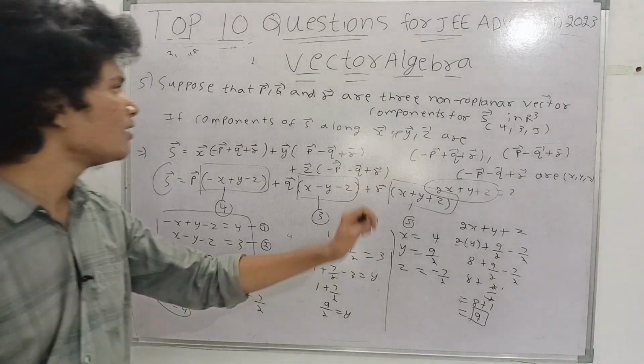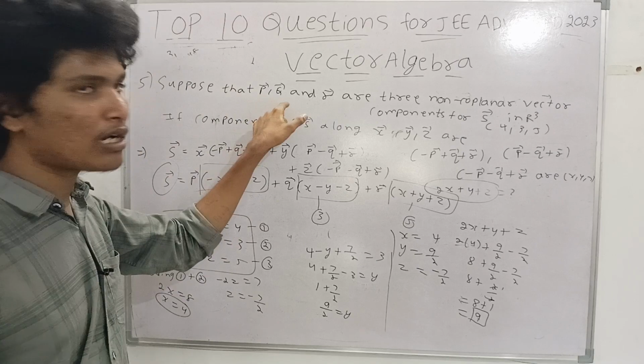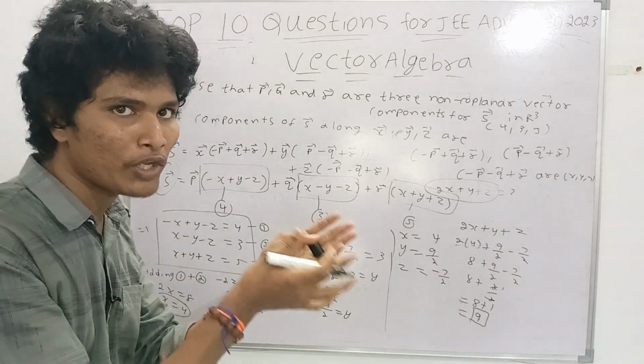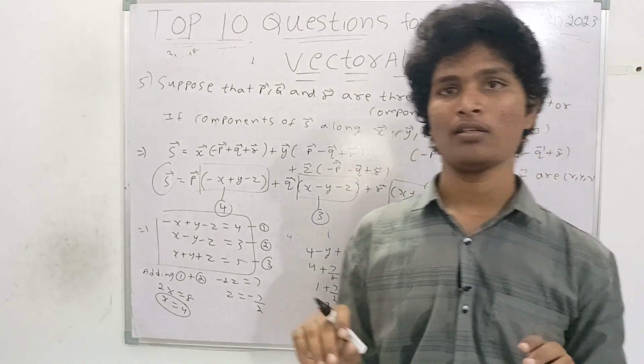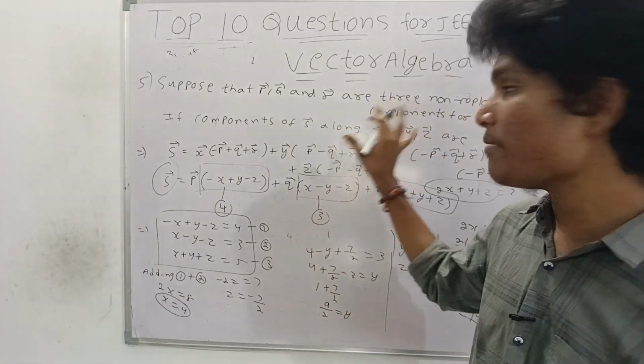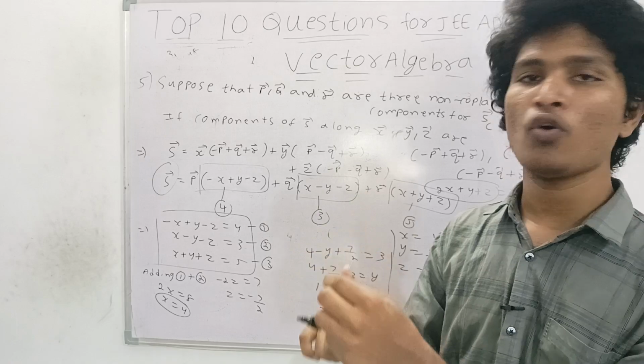They are saying that when S vector is along P, Q, R, suppose... don't worry guys, it is a very important concept to understand.